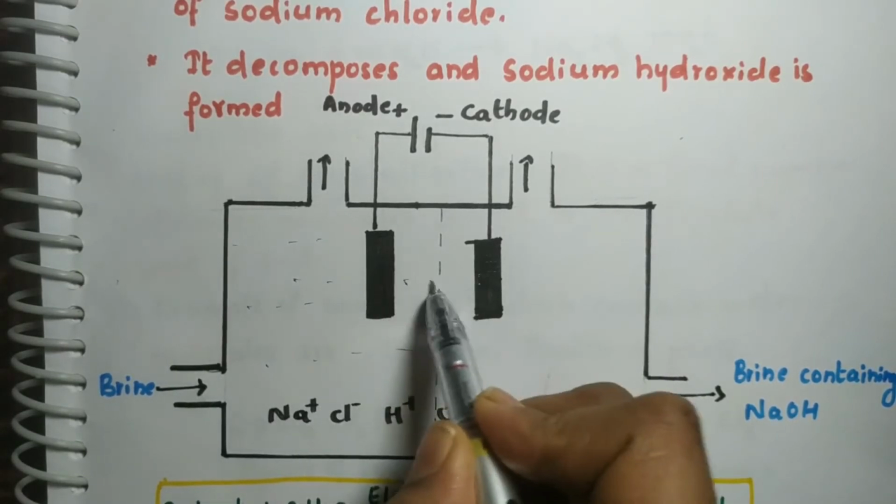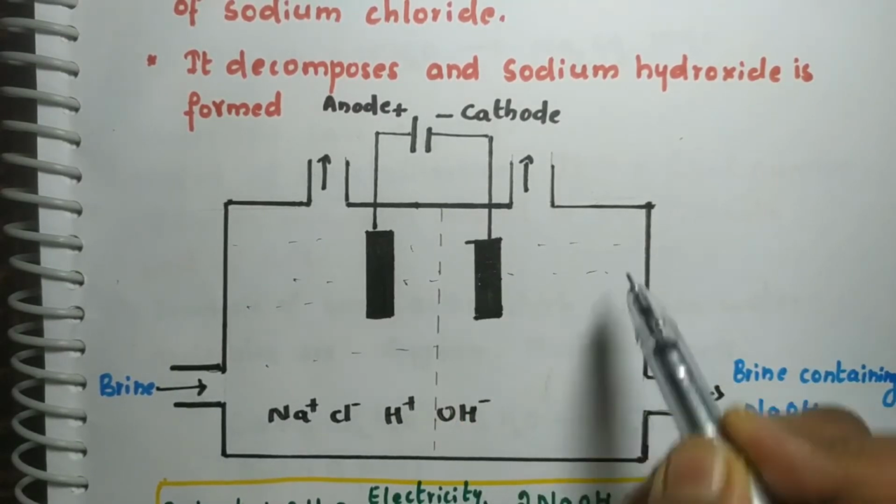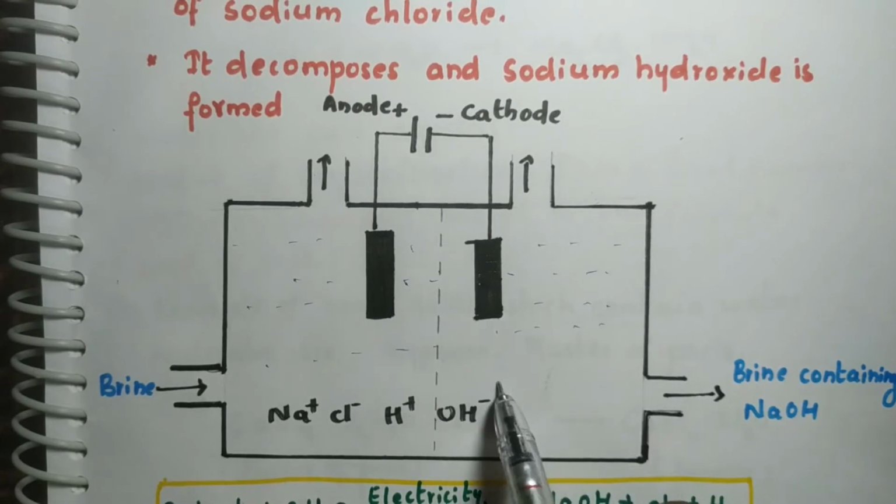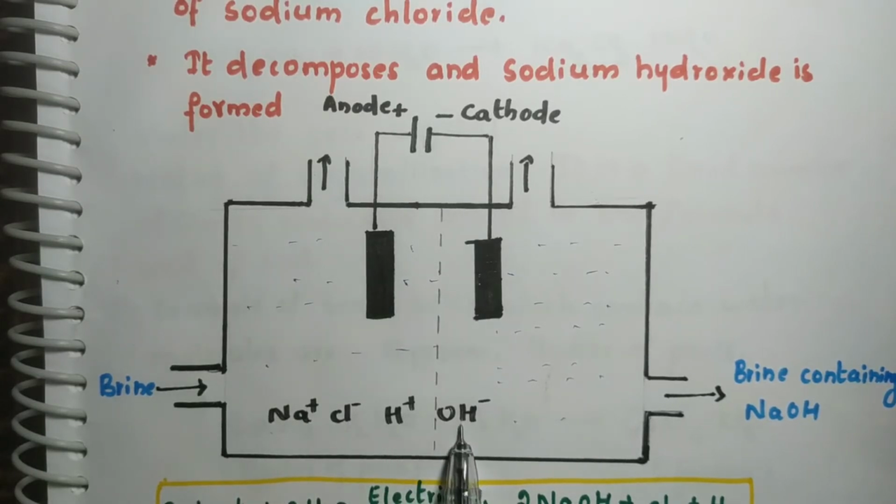So what happens? Due to the passing of electricity, the ions of NaCl will split into Na+ and Cl-, and water will decompose into H+ and OH-. So we can see that they have some charge on them. Always negative charge moves towards positive charge, and positive charge moves towards negative charge.